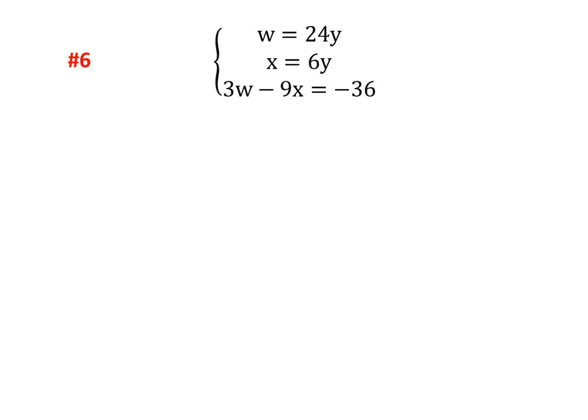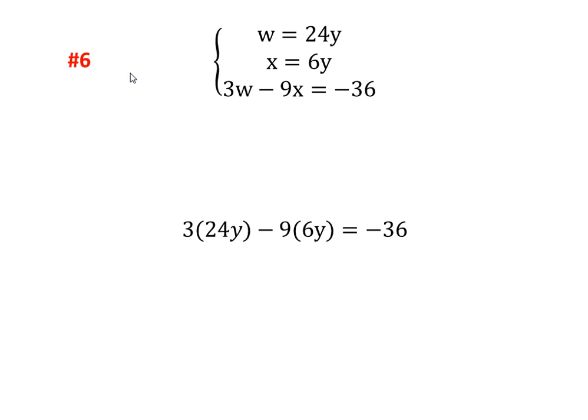So what we're going to use is substitution to solve this system, because we know that w is equal to 24y. We also know that x is equal to 6y. So what we can do with each of those equations is plug in 24y for w and 6y for x, and then solve the equation for y.